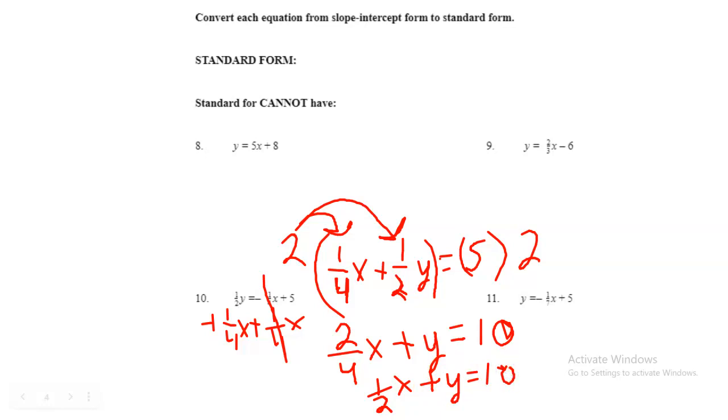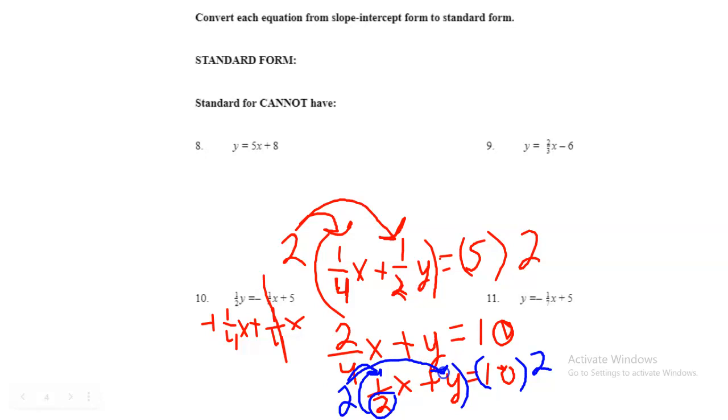Okay? And now I want to get rid of this other fraction, this 2. I want there to be a whole number in front of my x. So to do that, I'm going to multiply both sides by 2. So I got to distribute here.